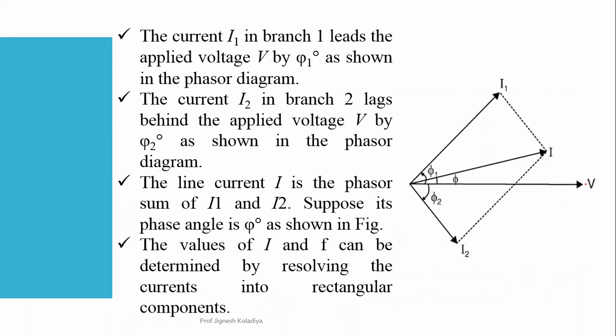I2 is passing through the RL series branch, so that is inductive, and that's why I2 is lagging with respect to the voltage. The angle between V and I1 is phi 1, and the angle of I2 with respect to V is phi 2.